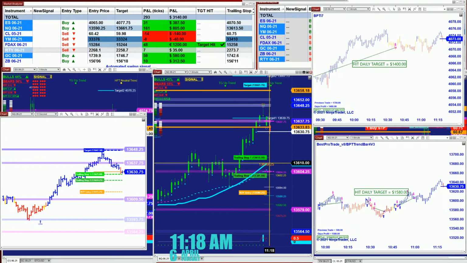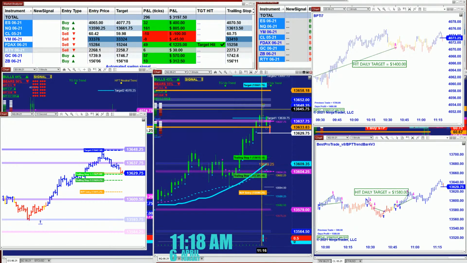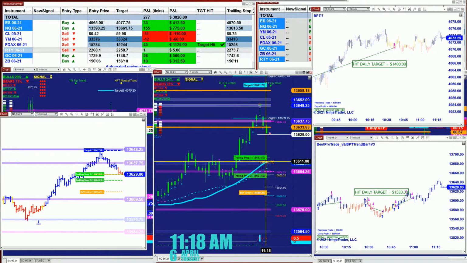A guy trying to take a short in here, if you are light-handed, you can take a short because there is a reversal. We have an auto trade for reversal, but this is a reversal, and the market is sinking, and you can scalp it and then switch position at 13,611, and this is the re-entry right here on the Nasdaq.